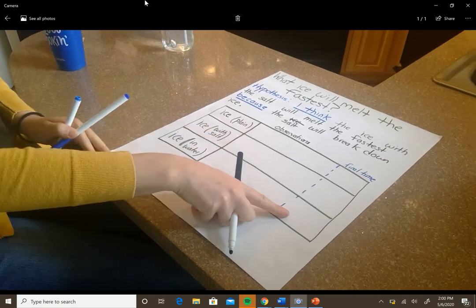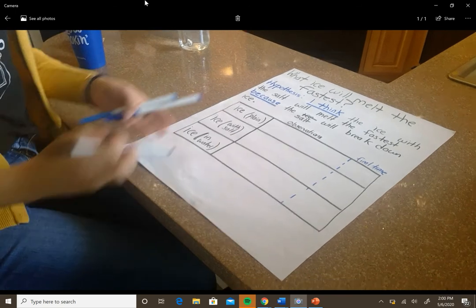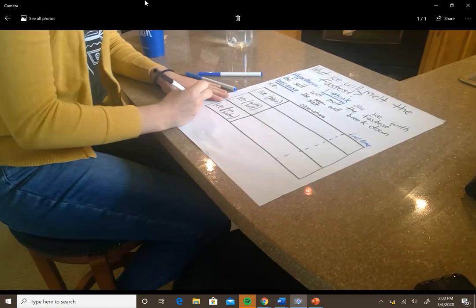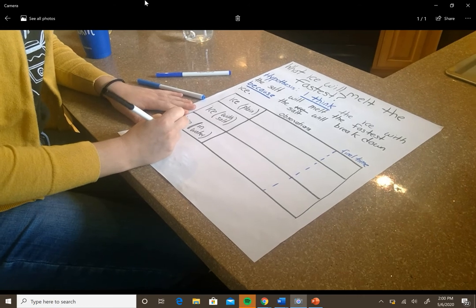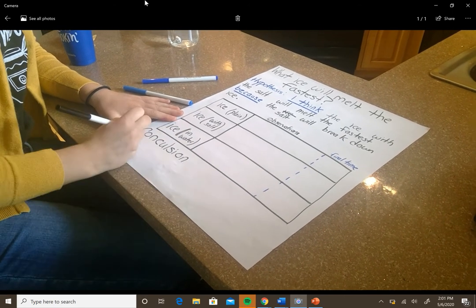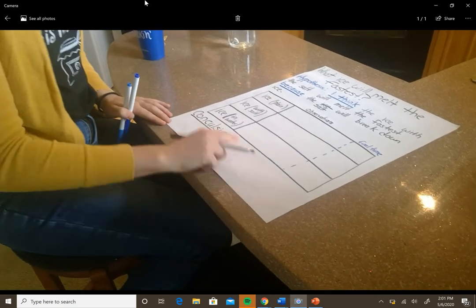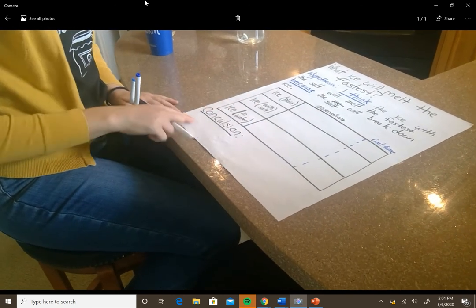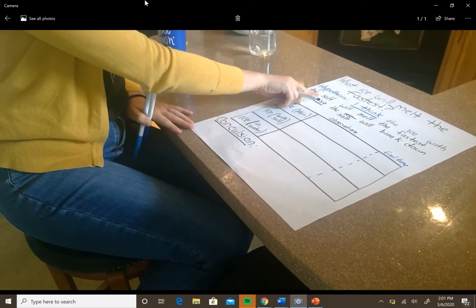And then right here, I'm going to write the final time of when each ice completely melted to water. The last thing you want to add to your paper is your conclusion. So right here at the bottom, once I'm done with my experiment, I'll be able to state whether my hypothesis came true or whether it didn't.